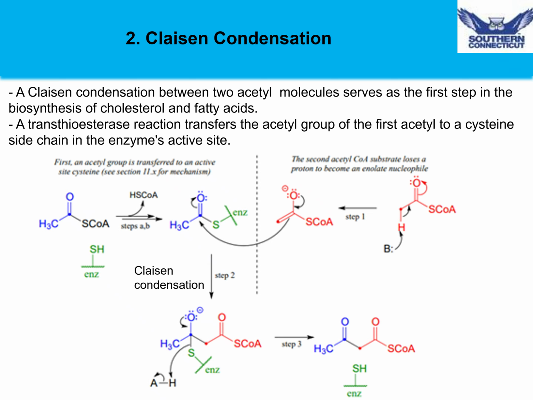Claisen-like condensation reactions occur in the biosynthesis of cholesterol as well as fatty acids. Generally, the reaction involves transfer of an acetyl group from acetyl coenzyme A onto the thiol group of the enzyme that is involved in this reaction.